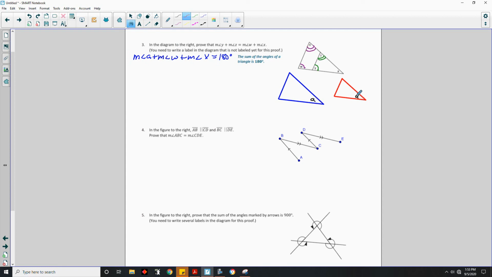So now the red triangle is right here, A, Y, and Z. So now I can say the measure of angle A plus the measure of angle Y plus the measure of angle Z equals 180 degrees. And it's the same reason, so just to save time, I'll do this. The sum of the angles of a triangle is 180.